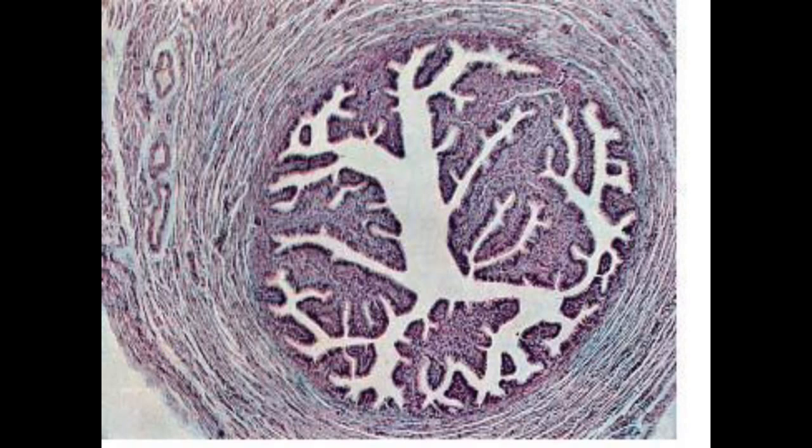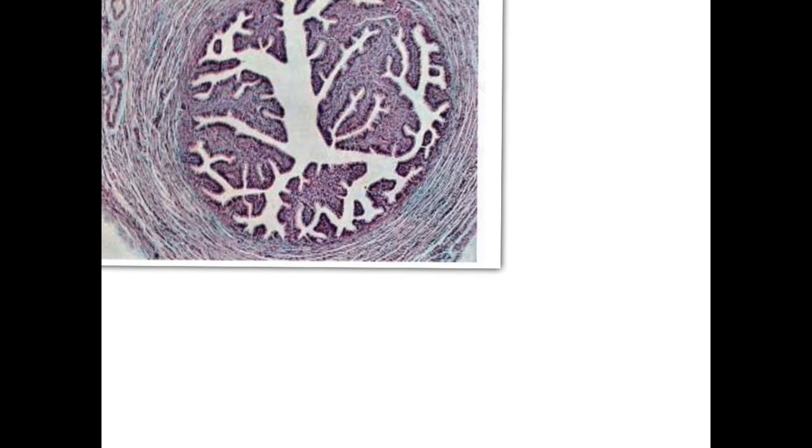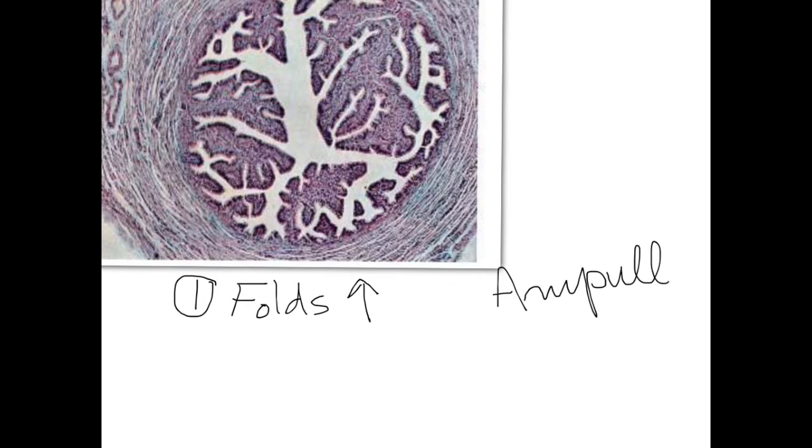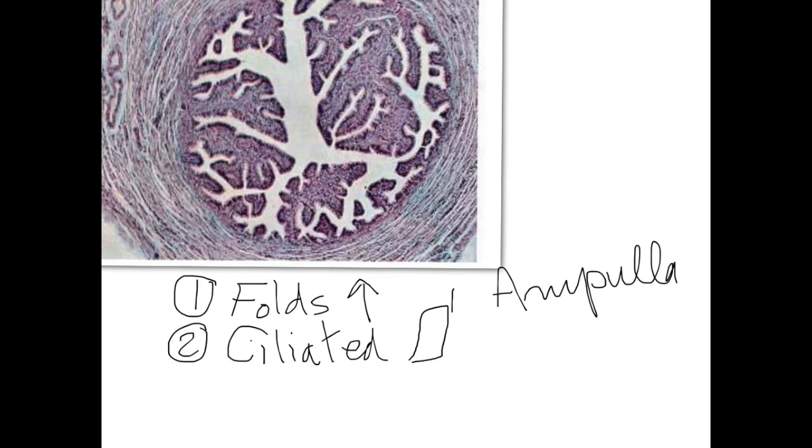Don't forget in this point the modifications that take place in the different parts of the oviduct or fallopian tube. Number 1, the folds increase so much in the ampulla. Number 2, the ciliated cells, those that carry the cilia, will be more than the secretory cells in the infundibulum.